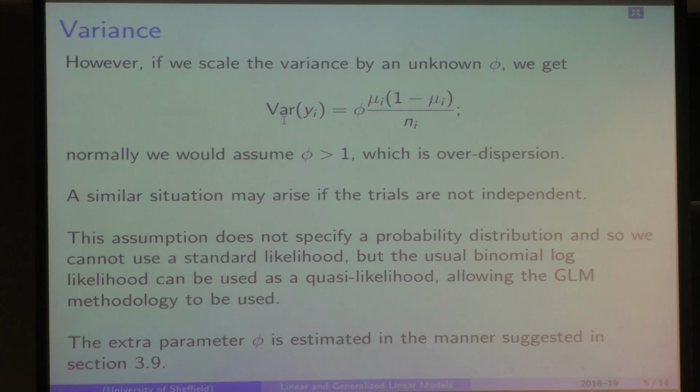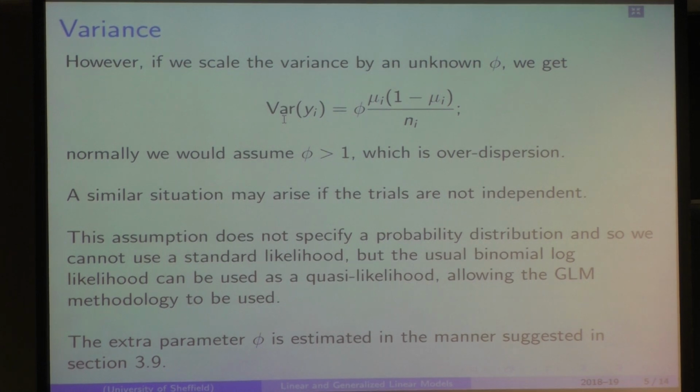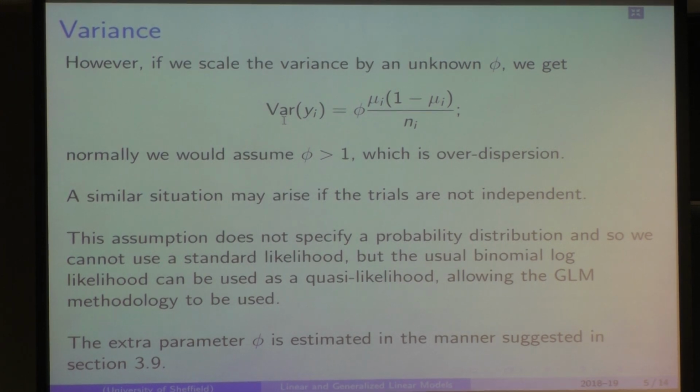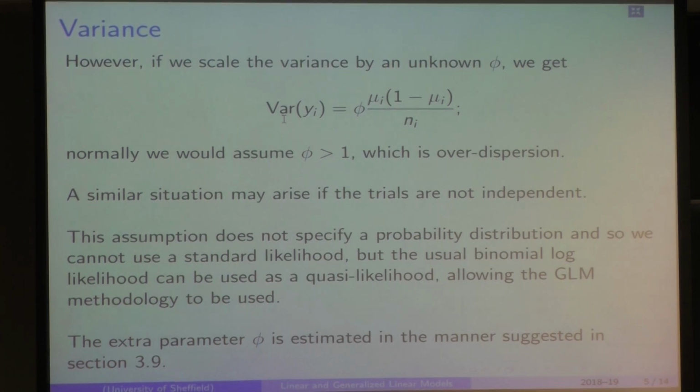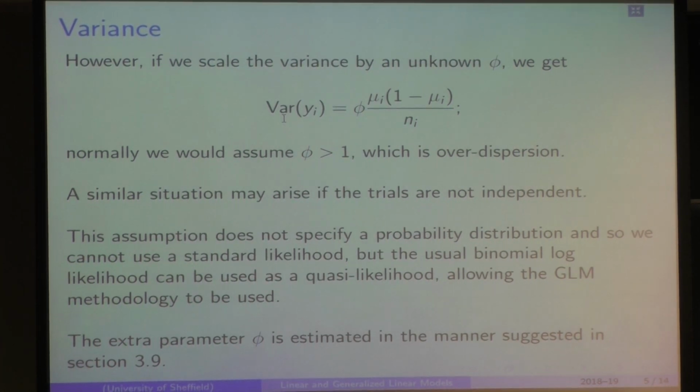There's an aside in the notes which mentions another possible way of dealing with this situation, which is to use regression based on another distribution. One distribution which can be used, particularly in the situation where the trials are not independent, is what's called a beta binomial distribution. And this is where you have a binomial distribution, but the parameter itself is random and has a beta distribution.